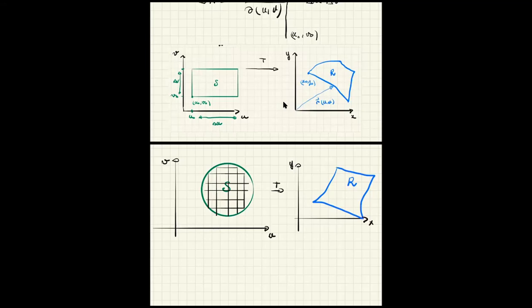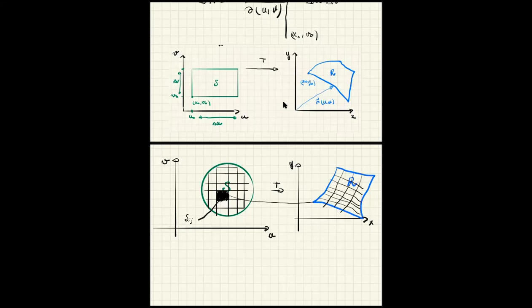Then we take one very small rectangle, and we call it S_ij.